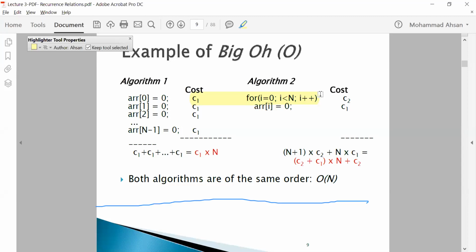So when you add the two, you get C1 plus C2 into n plus C2. So now, let's say C1 plus C2 is 10, 10n plus C2, let's say it's 5. So again, it becomes a polynomial and we take the higher order and it becomes O of n.